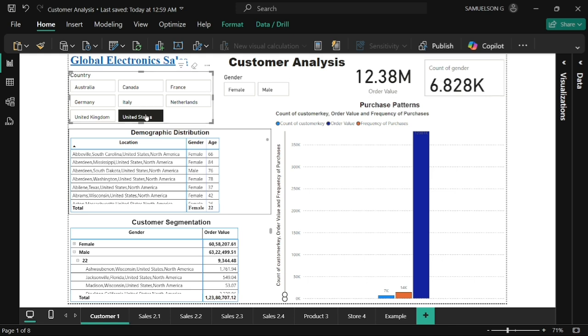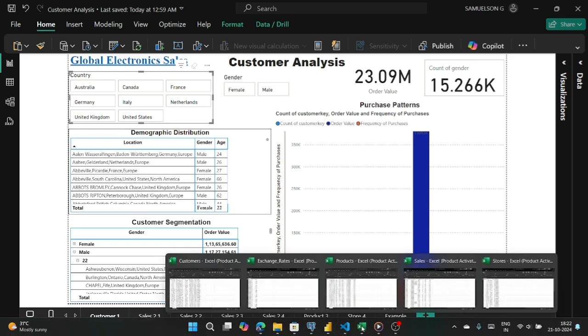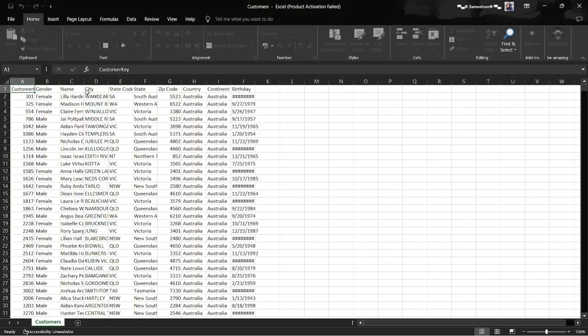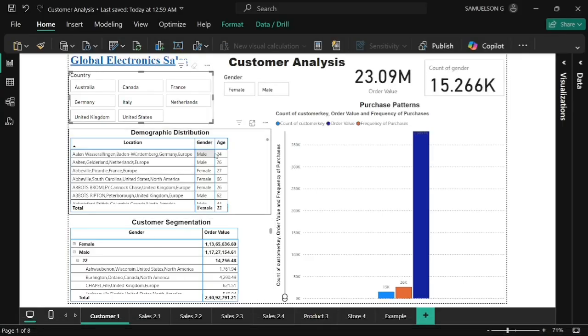Then, here in location, you can see city, state, country, and continent. These four data fields were separate, but I combined them together, so you can see it in one column. Then females in this location, this female and 66 age. Like that I arranged the demographic distribution.